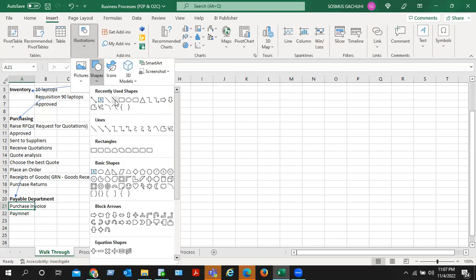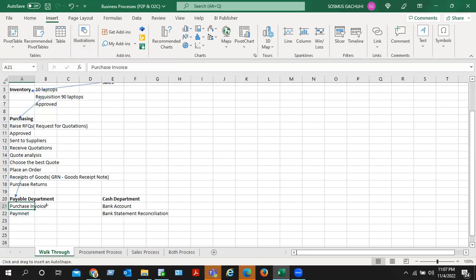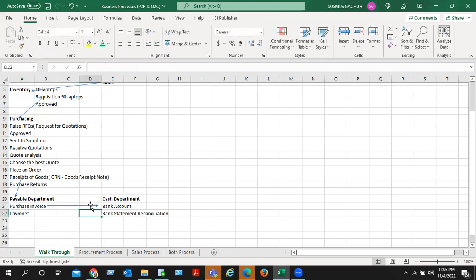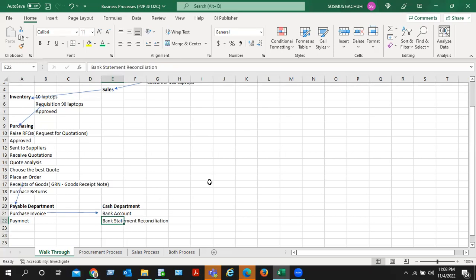Once it is doing this process, of course, it has to communicate again with the cash department and tell them we have done this payment for this invoice, and you need to maintain or do the bank account reconciliation. When you talk about bank account reconciliation, you might find that some checks have been written.